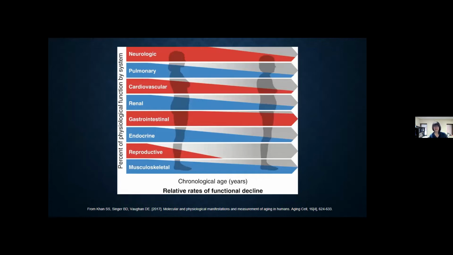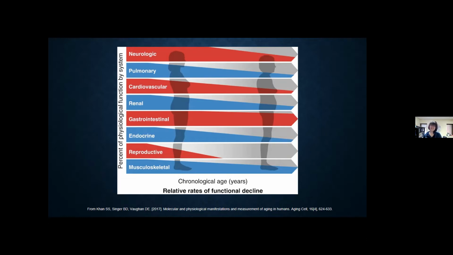This graph is showing the normal trajectory of physiologic changes that occur throughout the body as you get older. There are no specific cutoffs here, and that midline is not necessarily 50, but you can see that the different body systems have different rates of decline normally with age. Our reproductive systems decline a lot faster, so maybe that middle line is about 50, because that's about when it becomes more challenging to reproduce.